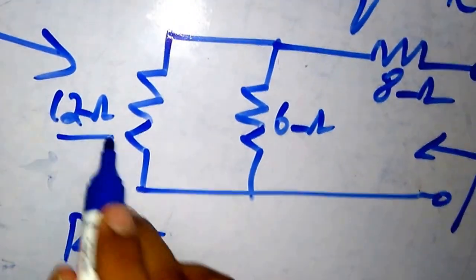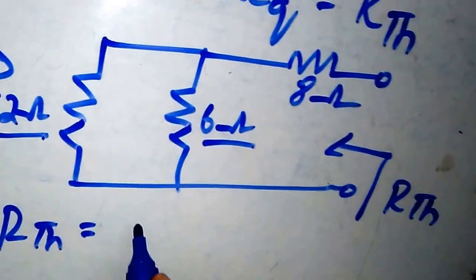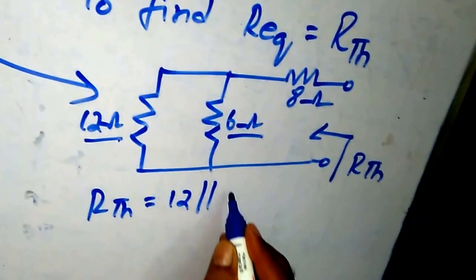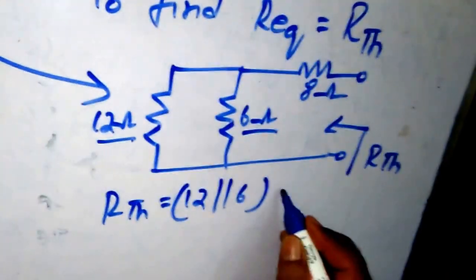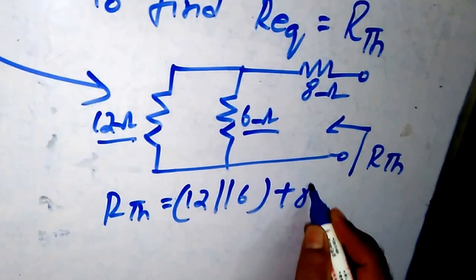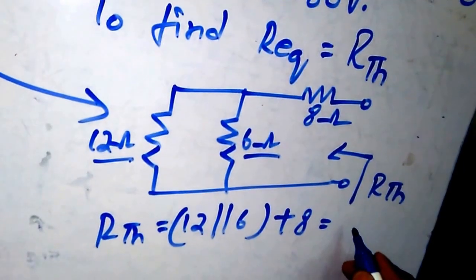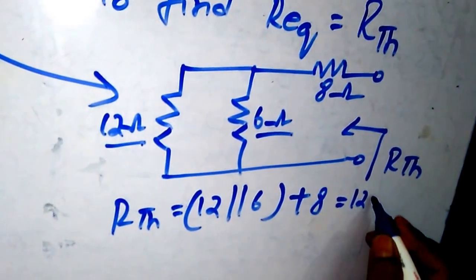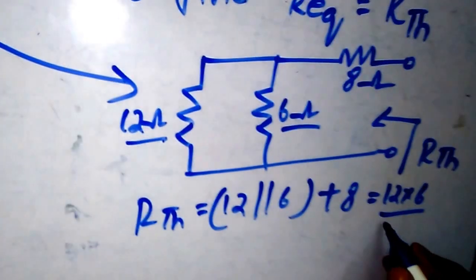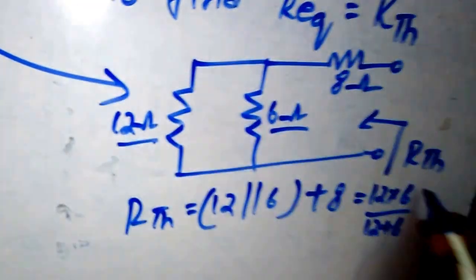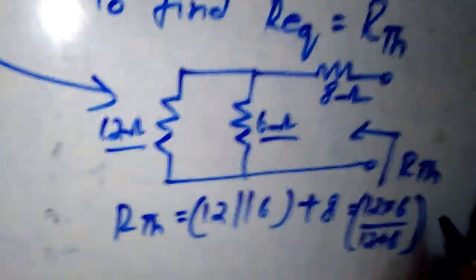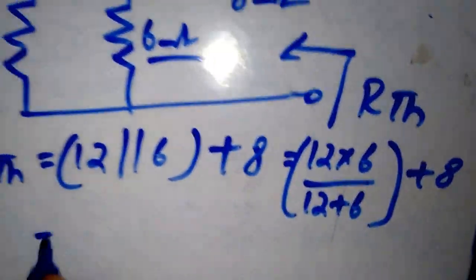From this circuit, RTH can be found out. This 12 ohms and 6 ohms are in parallel, so 12 parallel 6, which will be in series with 8. This 12 parallel 6 will yield 12 into 6 by 12 plus 6, and the whole you add to 8.